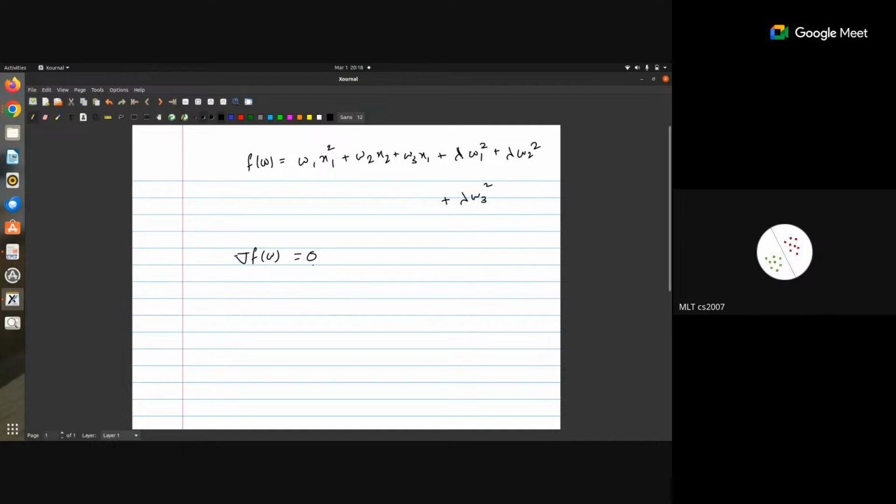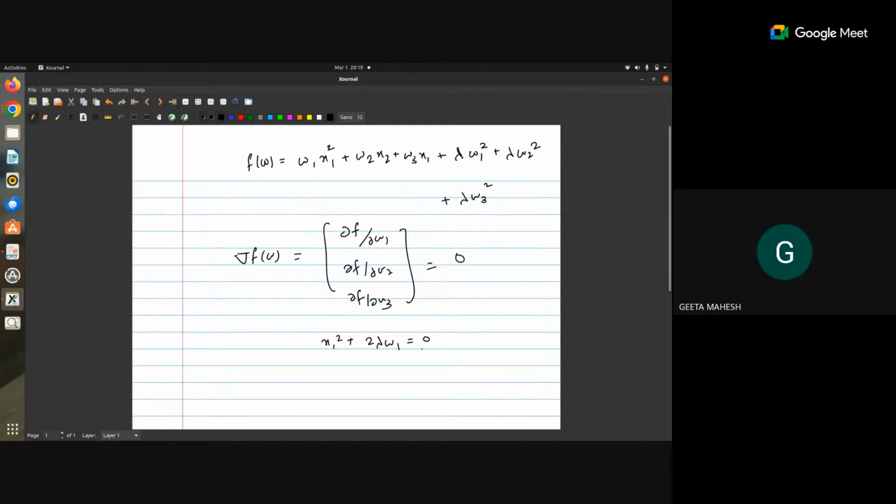So the derivative with respect to W1 will be x1 square plus 2 lambda W1, equal to 0. Similarly, for the others, it will be x2 plus lambda, and so on.